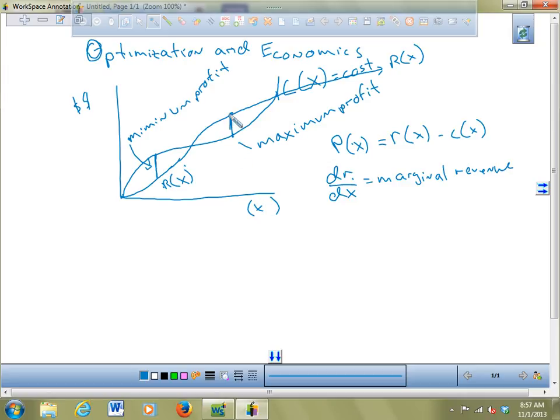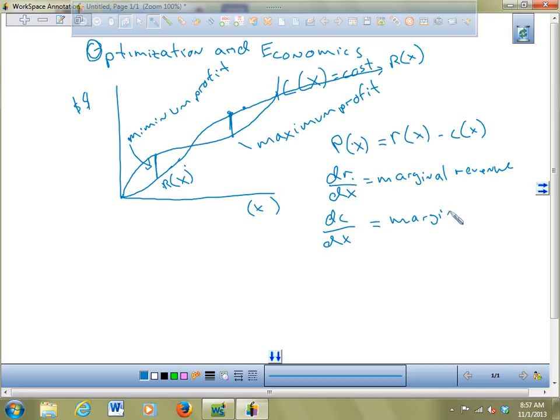But they also say physically what that represents, if you're finding the marginal revenue at a point, is the cost of producing one more unit. The cost per unit of producing one more unit, it's the slope of the line, okay? So dr dx is the marginal revenue. dc dx is called the marginal cost.